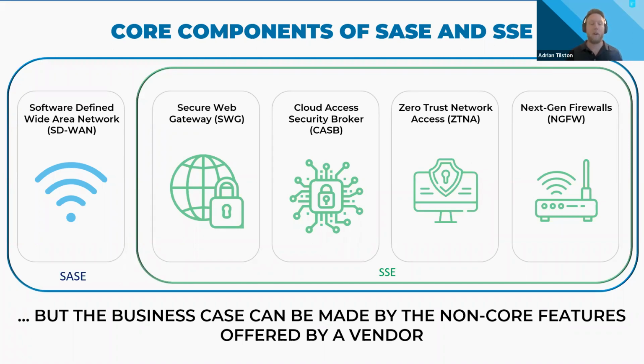A great use case of this is if you are already running an online web store and you have a very in-depth Cloudflare or Akamai CDN or other capabilities enhancing application traffic across the world, then it may make sense for you to integrate some of those Zero Trust Network Access, CASB, and Secure Web Gateway offerings that those vendors provide, because you're already integrated in that. So that's a real big consideration when we start moving forward into this business case scenario.